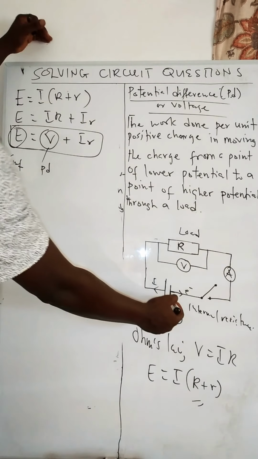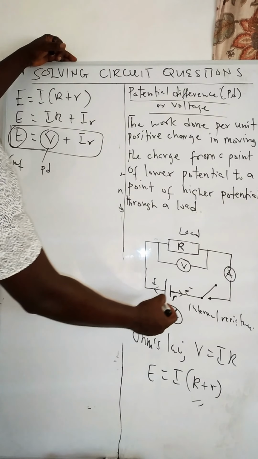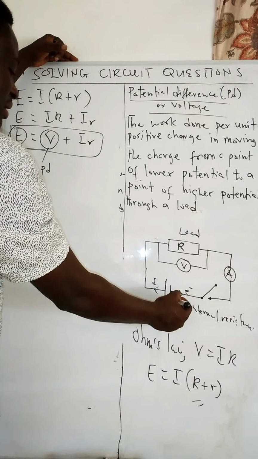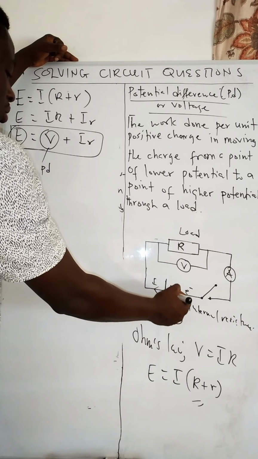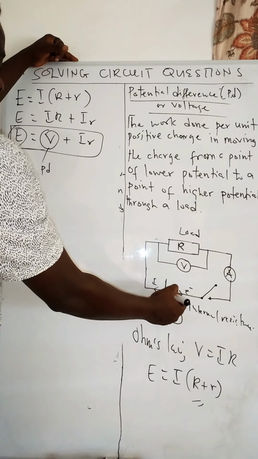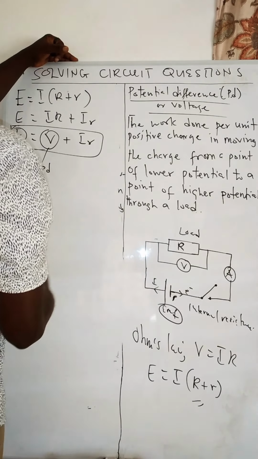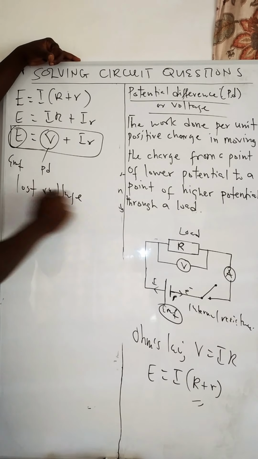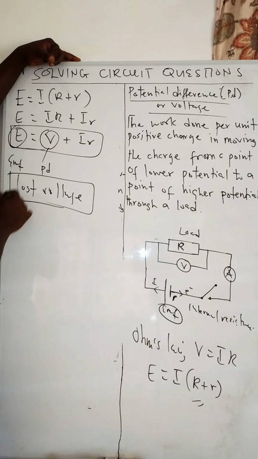Now back to the circuit again. You realize that the internal resistance here is preventing all the charges from moving out of the cell. And because of the work that it is doing, there is what we call lost voltage in the cell. So every cell will have a lost voltage due to the internal resistance of the cell.